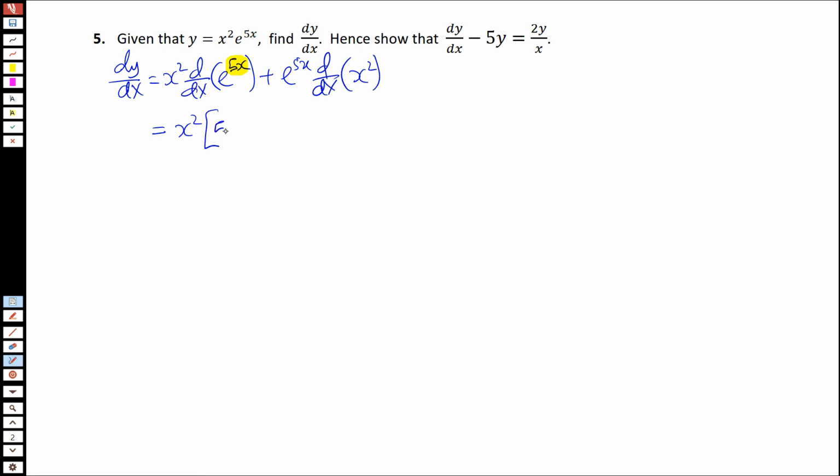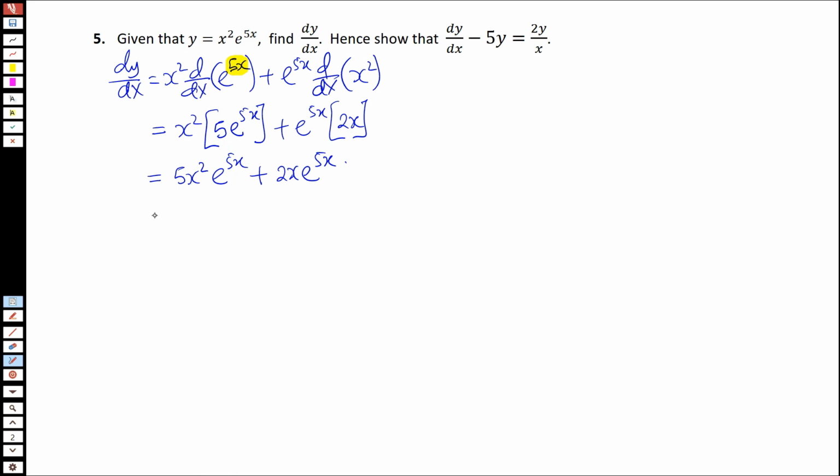So you'll have 5e to power 5x plus e to power 5x. Derivative of x squared is 2x. And then you just simplify the resulting solution, which will be 5x squared e to power 5x plus 2x e to power 5x.